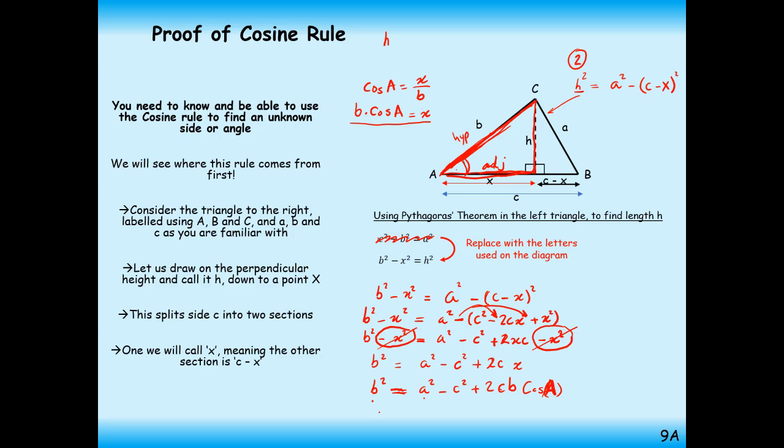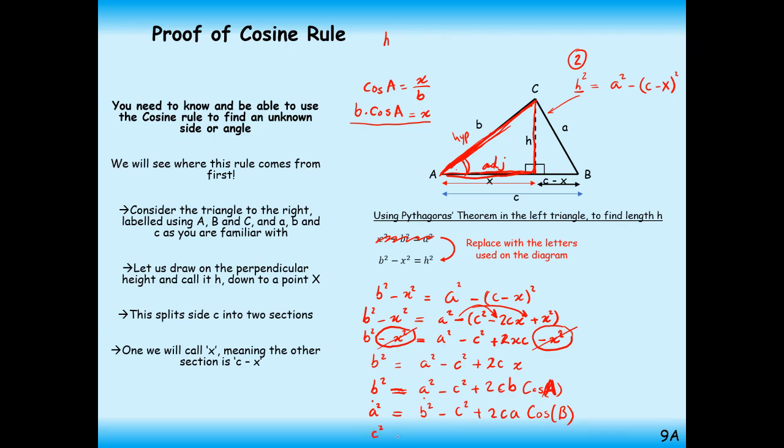So it can be rearranged. If we had angle B there, we would have a and b swapped with each other. So we would have a squared equals b squared minus c squared plus 2, and instead of b we would have used little a here, and instead of capital A, we would have used capital B there. So do you understand how you can swap the sides?